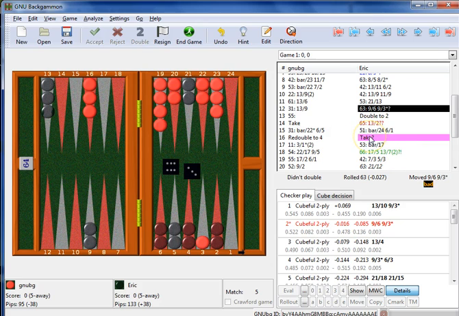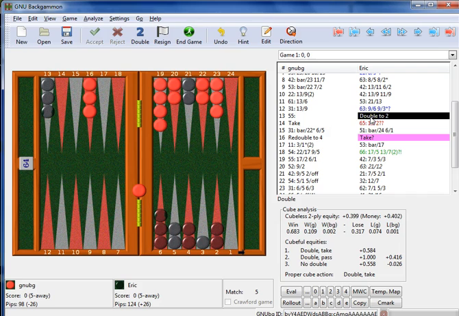Now let's look at a doubling decision. So here I doubled the computer, and this analysis looks a little different. It gives you the different equities for if I double and the computer takes, versus if I don't double at all, versus if I double and the computer passes. And then the differences in those equities are over here.